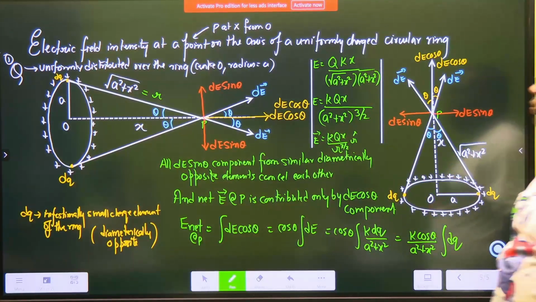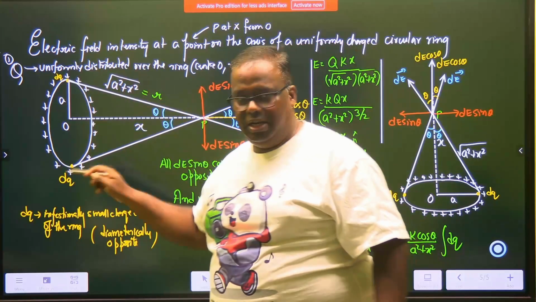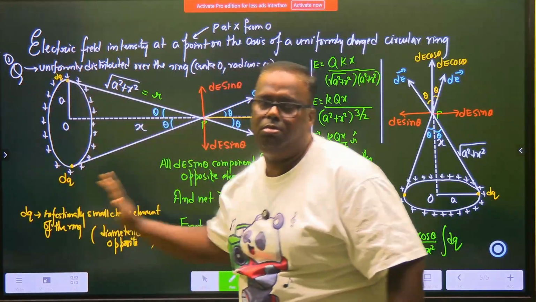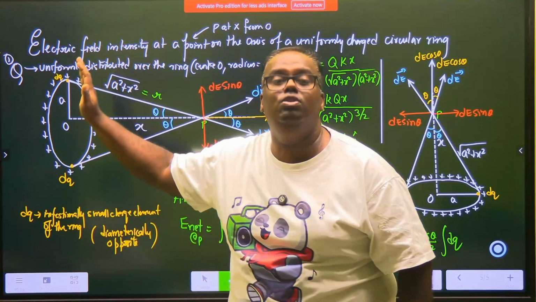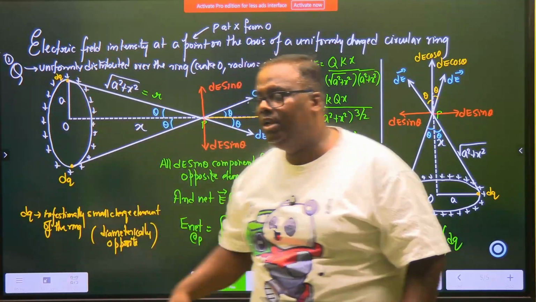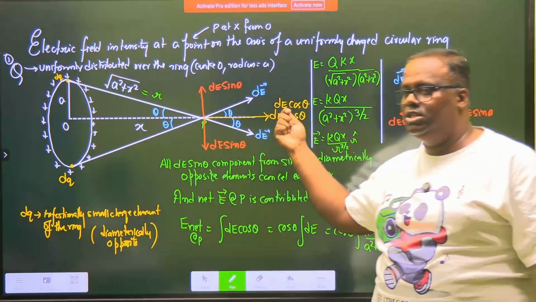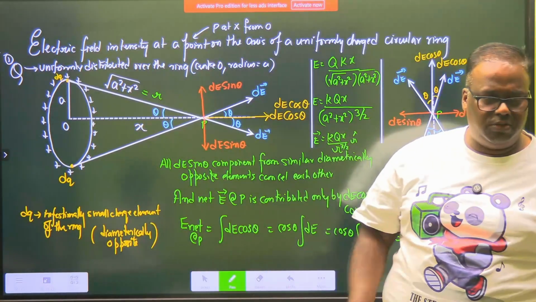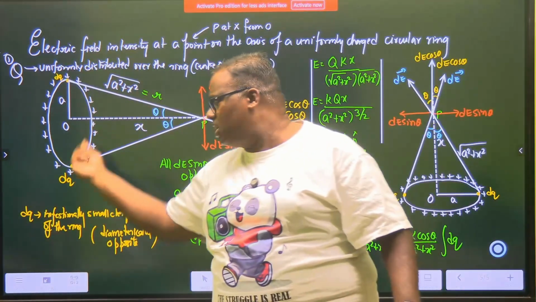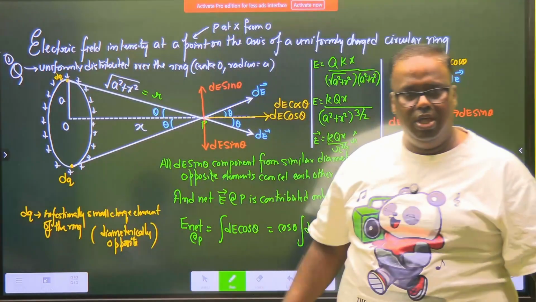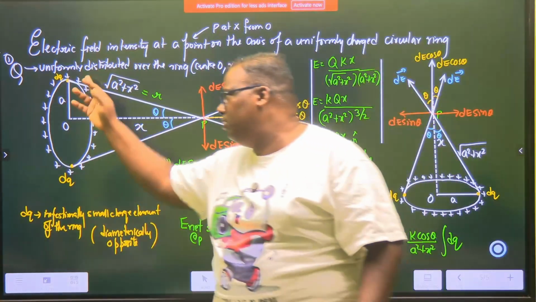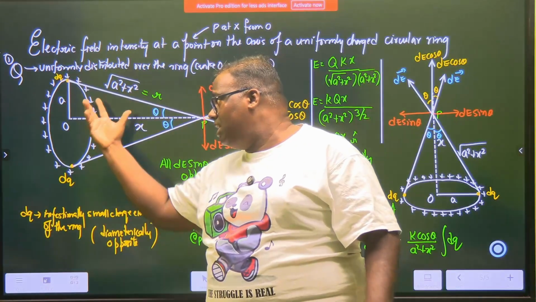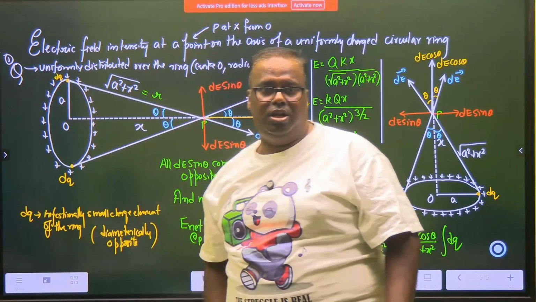What do we do? We take a ring where a lump of charge Q was spread uniformly. And you want to find out on the axis of this ring at a point P, which is at a variable distance x, what is the electric field. You take two small chunks out from here which are called dq, and you want to find out the electric field due to these dq diametrically opposite. But keep in mind that this ring has many such diametrically opposite pairs.